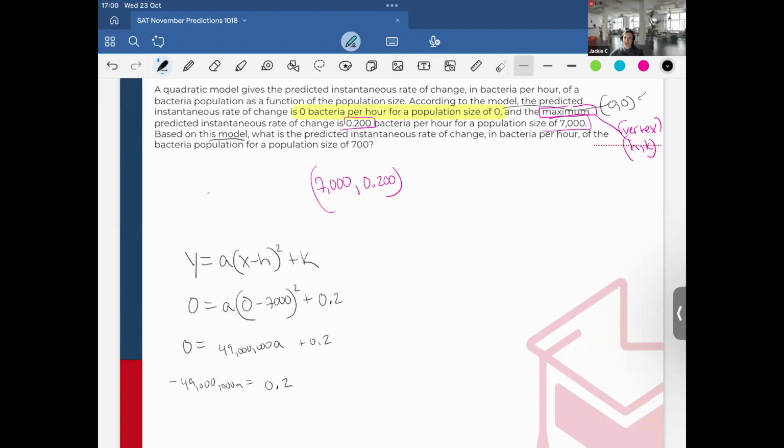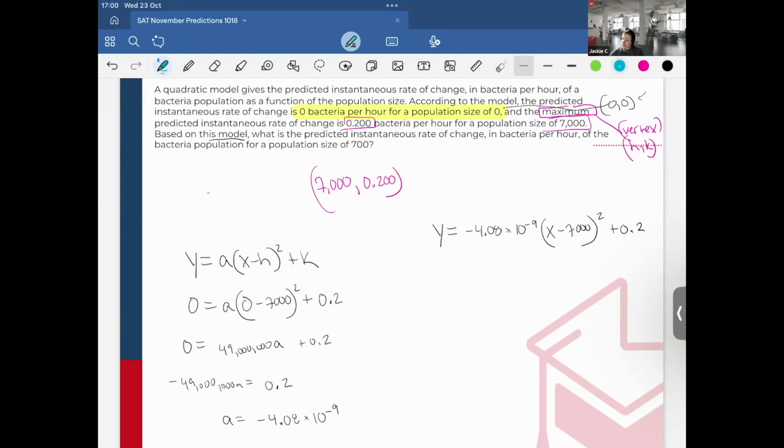So this is going to give me approximately 4.08, so a would be equal to negative 4.08 multiplied by 10 to the negative ninth power. So then going back to my original model, my a value is negative 4.08 times 10 to the negative ninth, and then we had (x minus 7,000) squared and then plus 0.2.